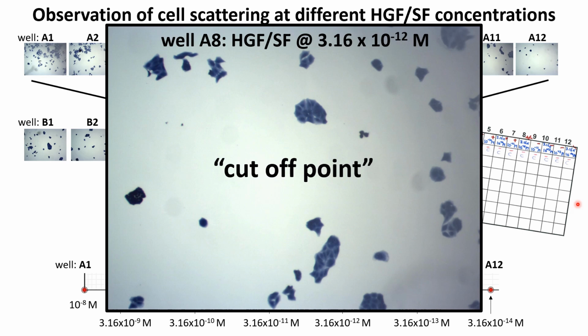I think this brings it to an end. You have beautifully marked and recorded your observations and established the cutoff point at 3.16 picomolar HDFSF, which is really what we often get in the lab. Very beautiful assay, extremely sensitive. That was it. Thank you very much, and let's move to the last slide.